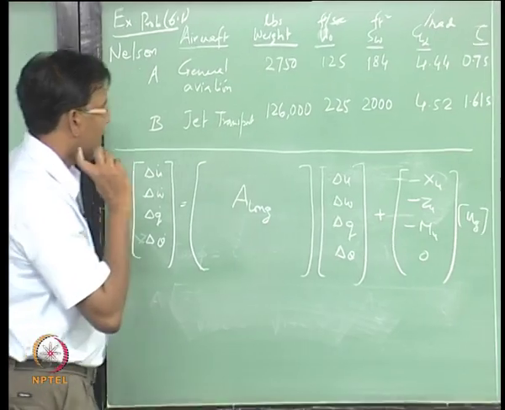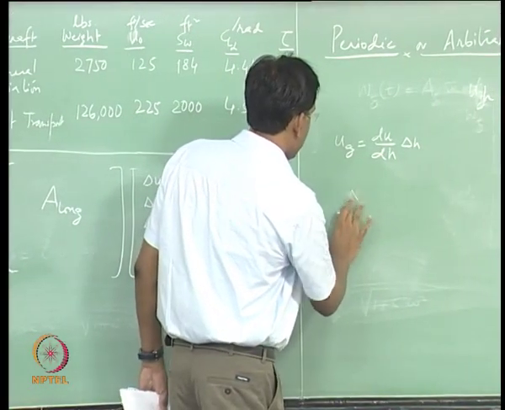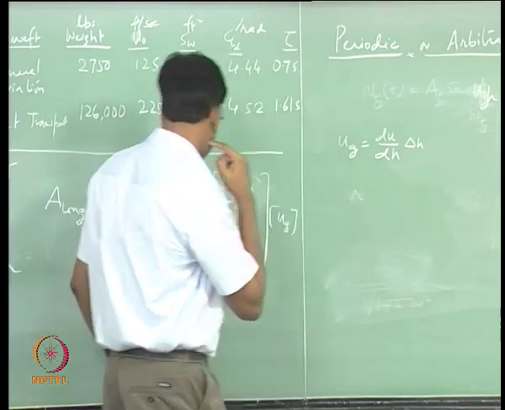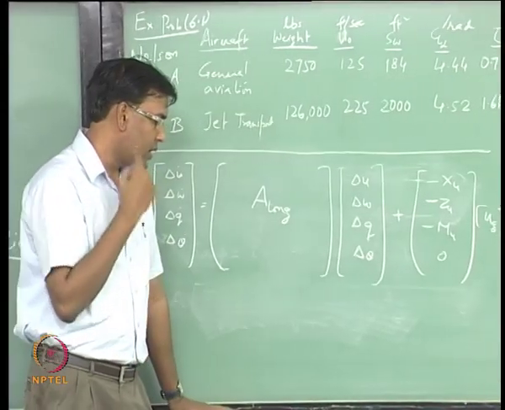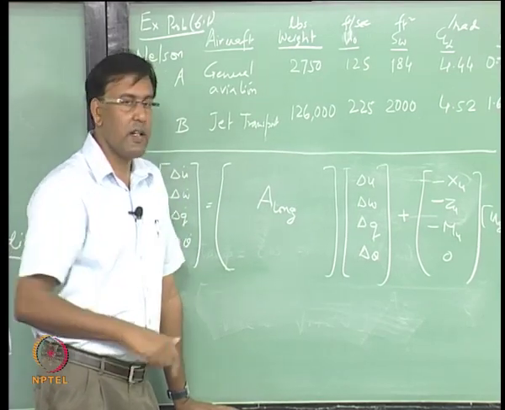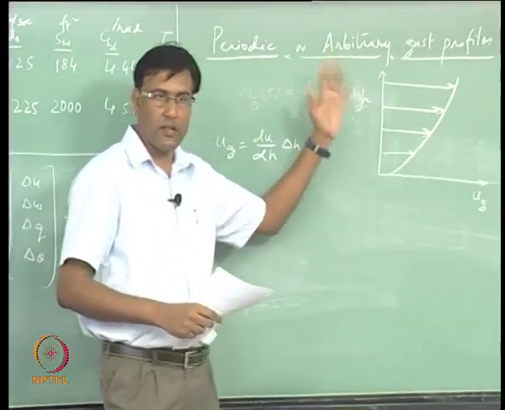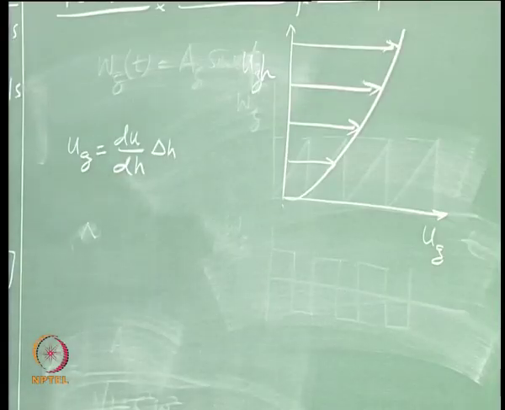So, let us try to. So, we are looking at a problem when aircraft is on an approach to land, right, and then this gust is encountered, this wind shear, not really gust, this wind shear profile is encountered.